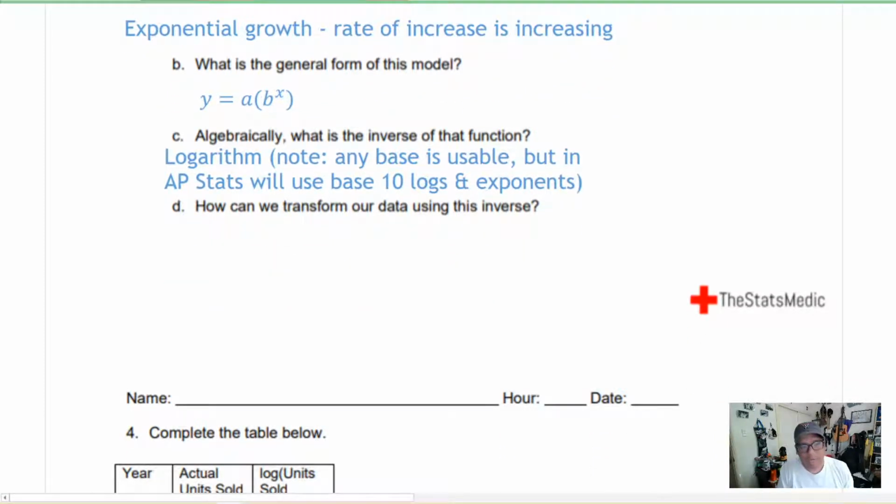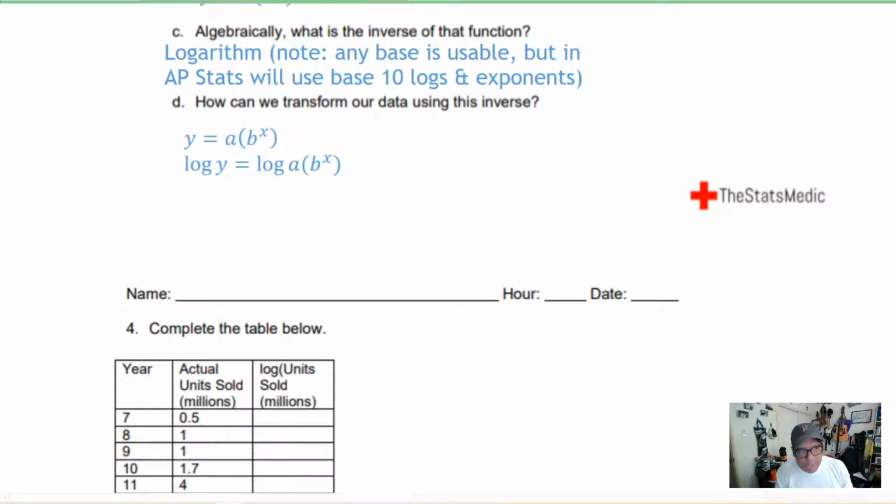So how do we transform data using this inverse? We're going to start with that exponential model, y equals a times b to the x. And then we're going to use the inverse function. We're going to take a log of both sides, and we're going to say log of y equals log of a times b to the x.